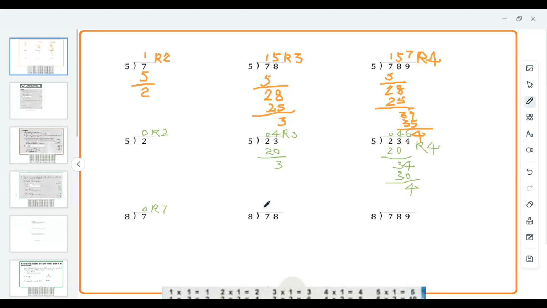Next one, 78 divided by 8. 7 is too small for the 8, so the 0 is here. 78 divided by 8. Then there will be 9. 9 eighths in 78 because 9 8 equals 72.